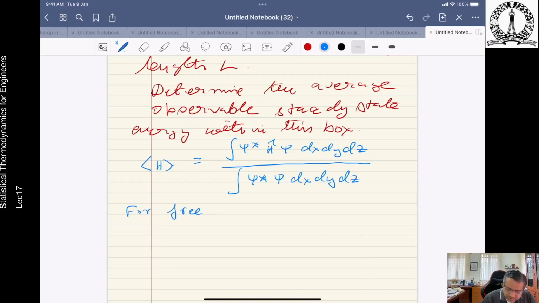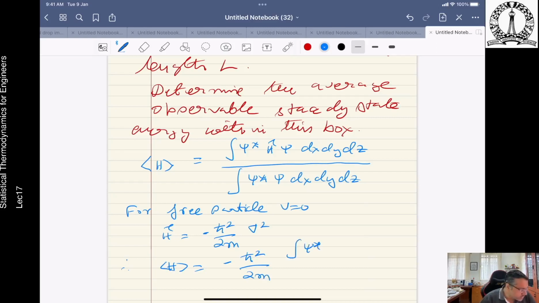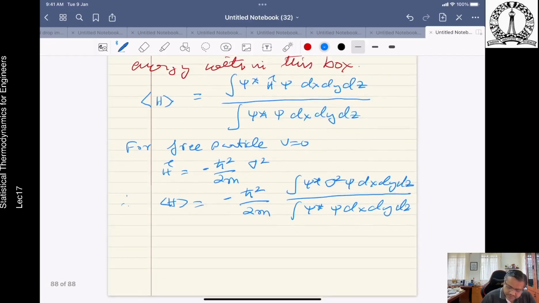For a free particle, V is equal to 0, and the Hamiltonian operator becomes minus ħ² by 2m into the Laplacian. So this is the equation.